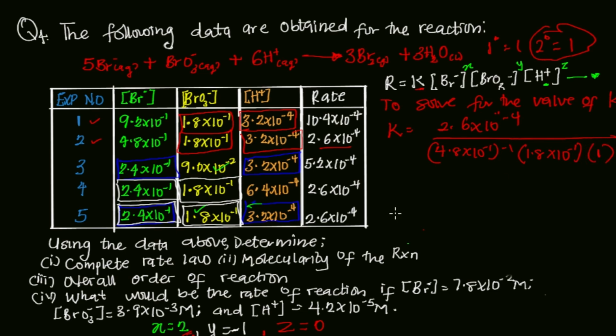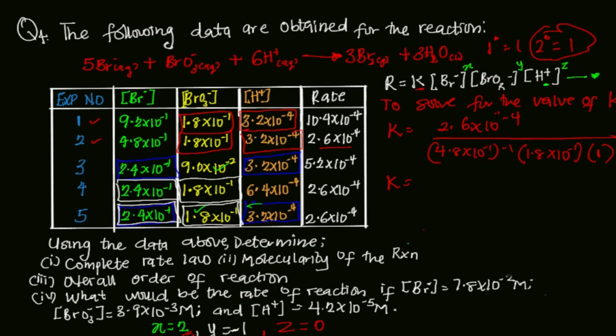So now let's go ahead and simplify this and see what we're going to have. If you simplify this, we're going to have K to be equal to 2.6 times 10 raised to the power minus 4, then multiplied by this 4.8 times 10 raised to the power minus 1, then multiplied by 1.8 times 10 raised to the power minus 1.